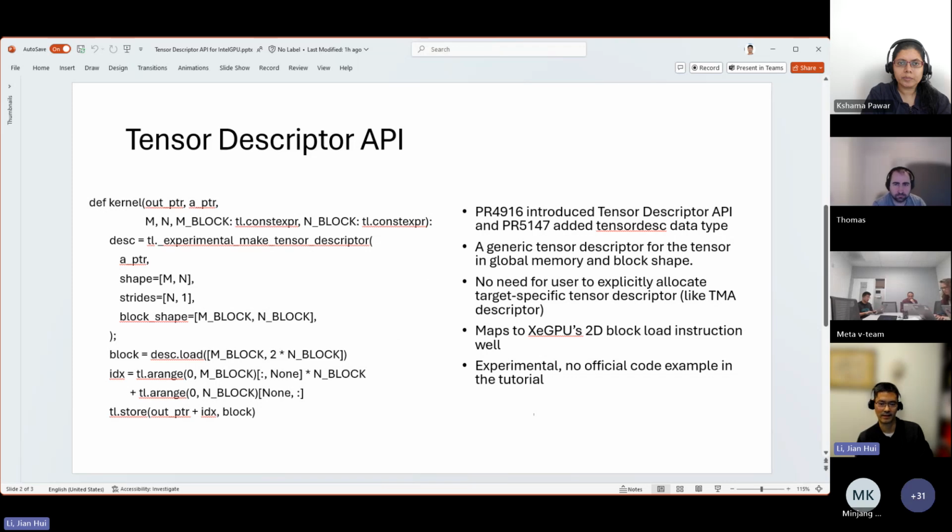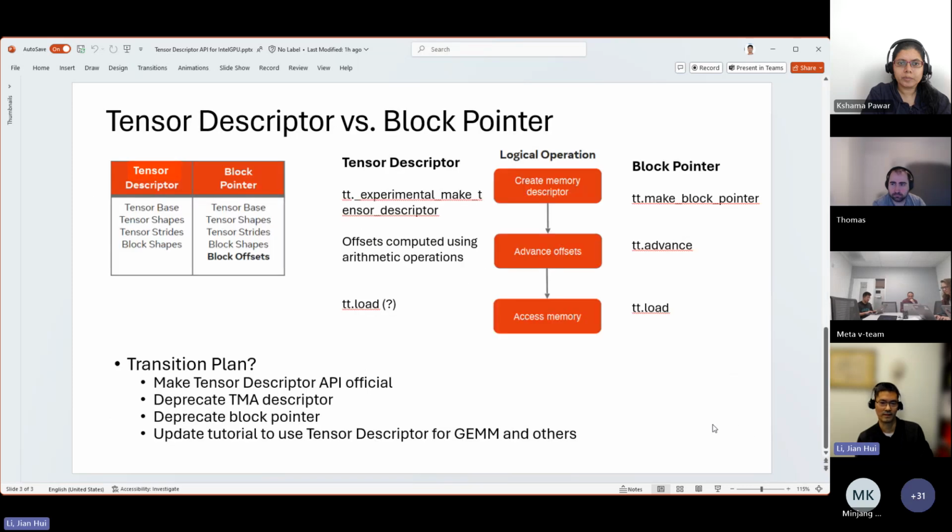With that, I think we want to go to the next page. I just want to get some high-level idea of how this tensor descriptor will eventually be positioned, and whether we want to make it an official one. How do we deprecate the TMA descriptor, and how do we deal with the block pointer?